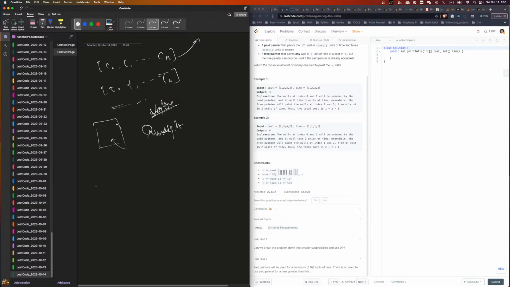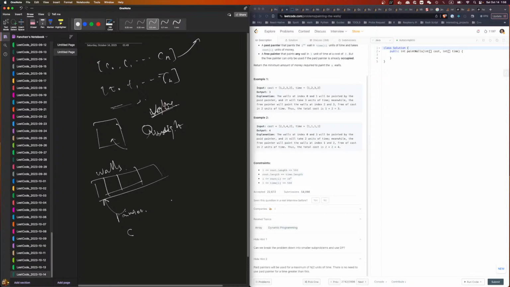So in this case, we have the number of walls, right? Walls, and then for each painter, to paint each wall, we have a cost and also the total number of walls that can be associated with, right?